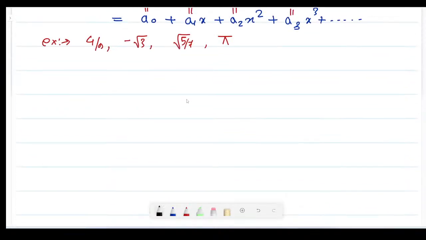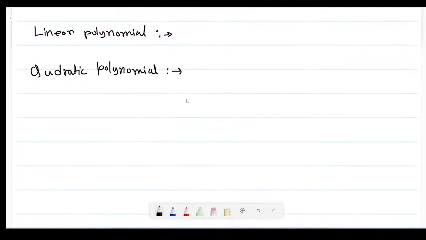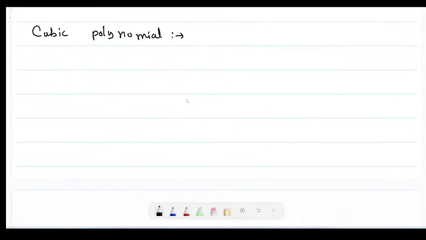So next is, what is a linear polynomial, quadratic polynomial, cubic polynomial and biquadratic polynomial.